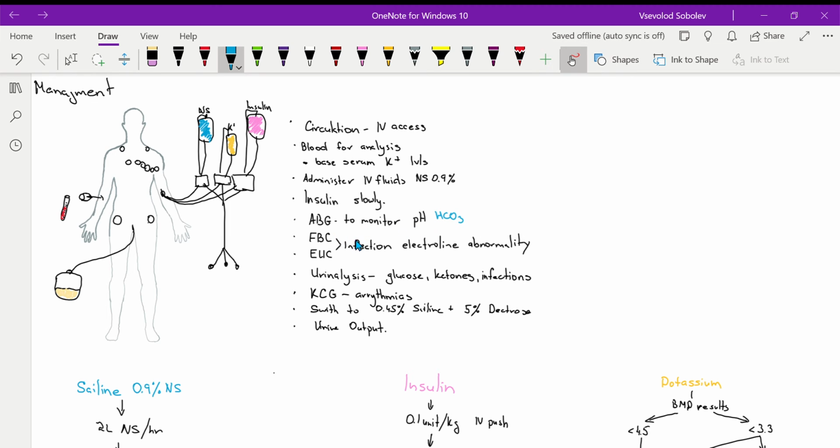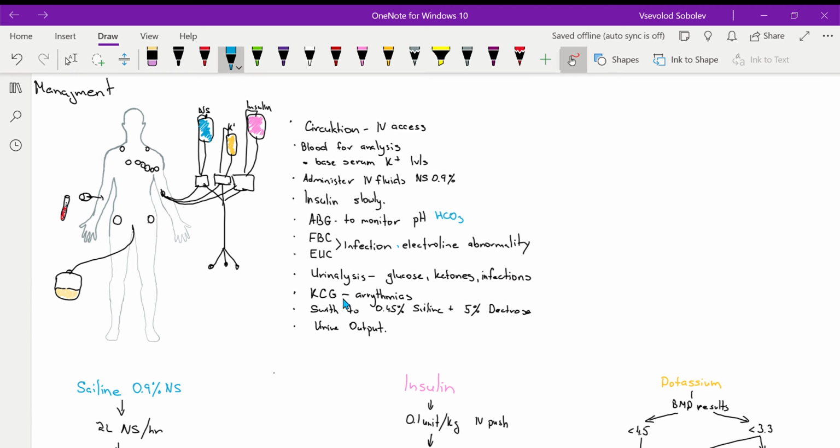We will also get a full blood count and EUC, and this will give us information about infection and electrolyte abnormalities. Urinalysis will check for glucose, ketones in the urine, and any infectious particles.